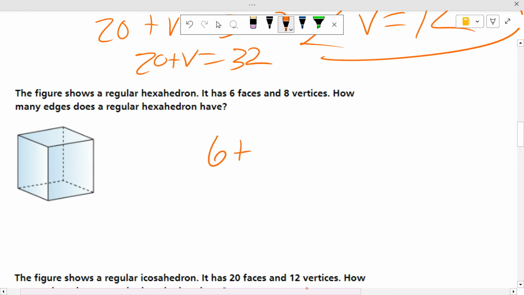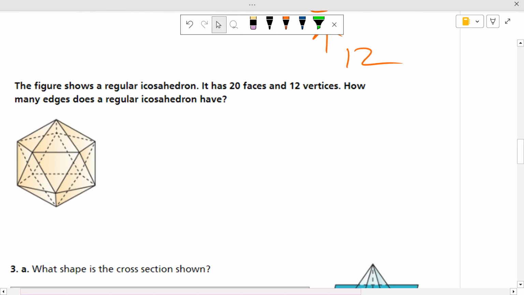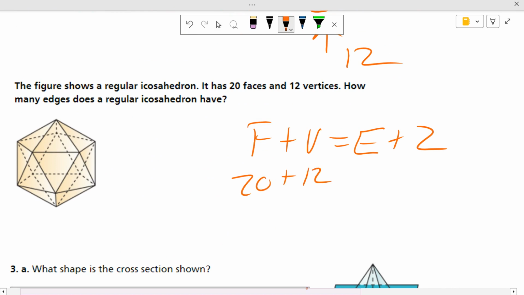6 plus 8 equals e plus 2. Well, this is 14 equals e plus 2. What's e? 12. F plus v equals e plus 2. 20 plus 12 equals e plus 2. 32 equals e plus 2.